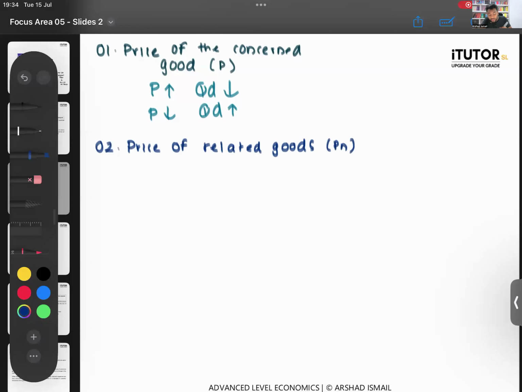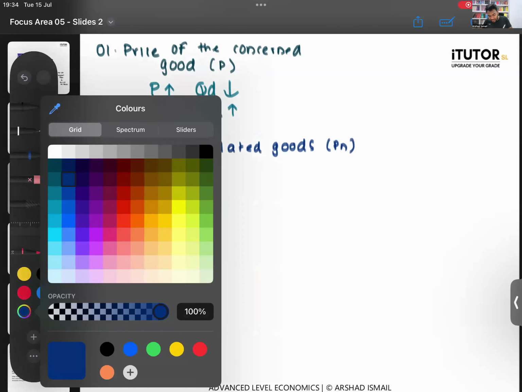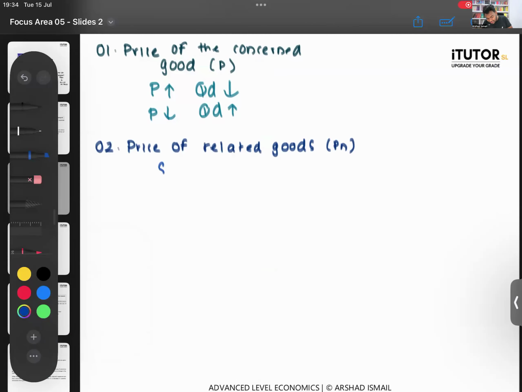You have two types of related goods: substitutes and complements, or complementary goods. So what are substitutes? What are complements?